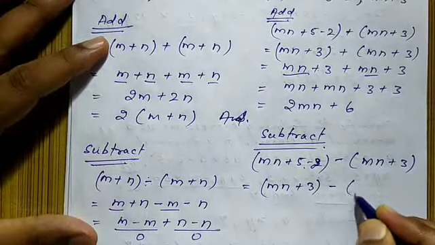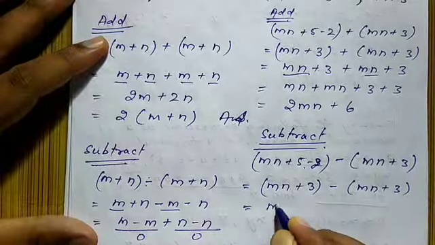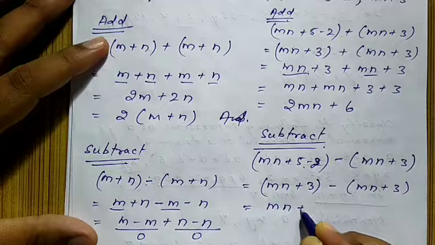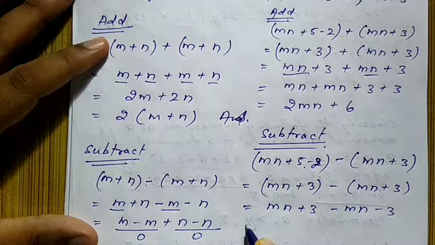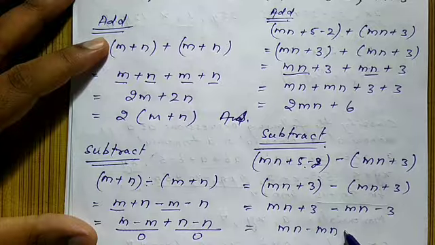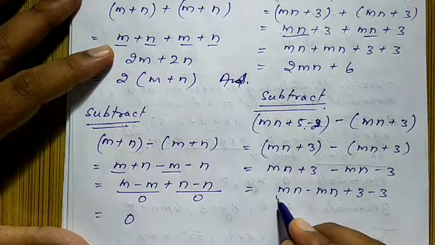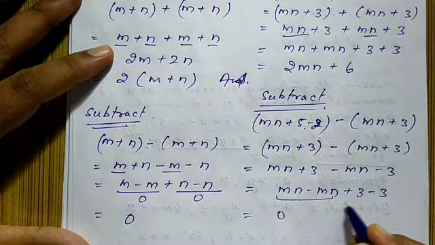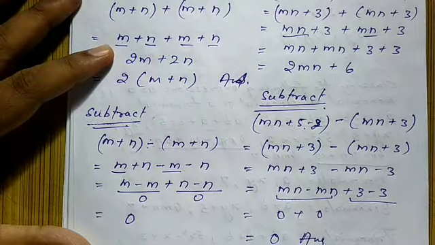Minus mn plus 3, here mn plus 3 minus mn minus 3. Here mn minus mn, plus 3 minus 3. So here mn minus mn, that is 0, and 3 minus 3, that is 0. So the answer is 0.